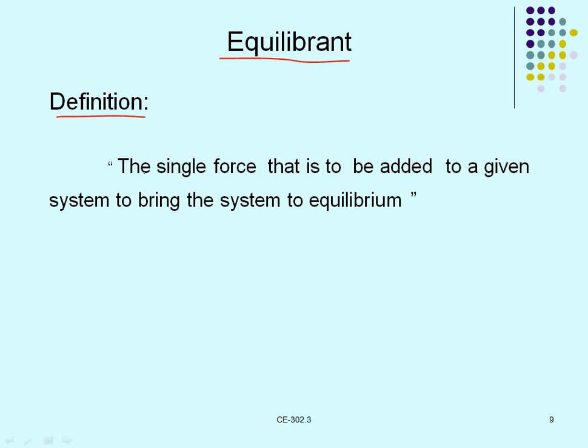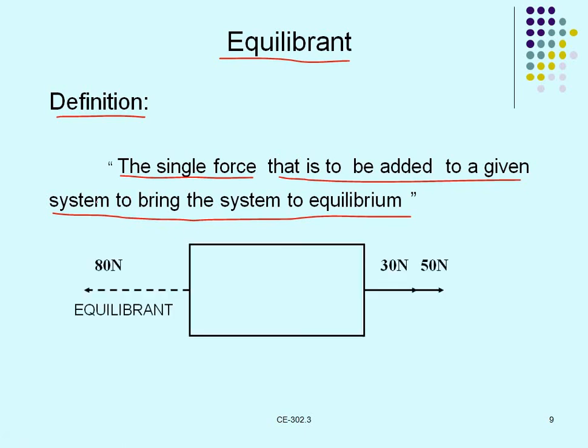Definition: the single force that is to be added to a given system to bring the system to equilibrium. Here you can see 80 newtons was there, and 30 newtons and 50 newtons were there.